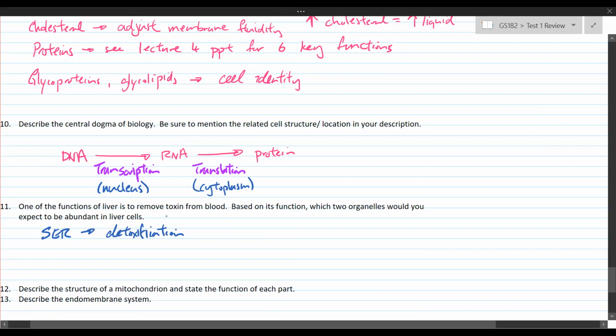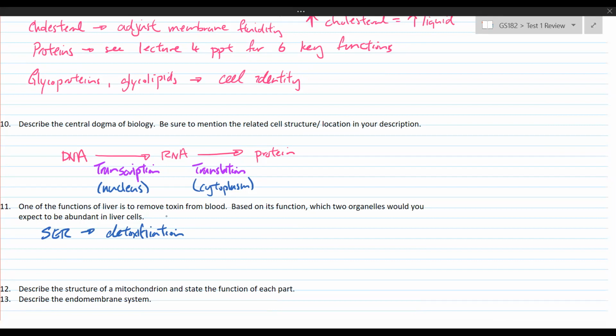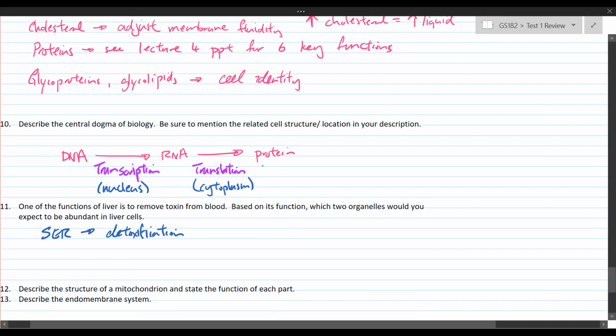Anybody? Lysosome. Right? So both of these will be abundant, to help with the breakdown.